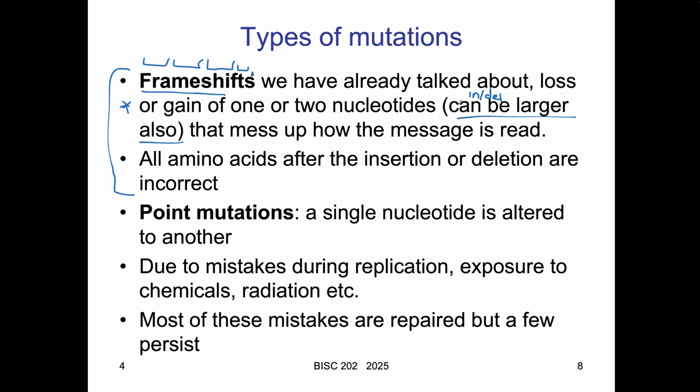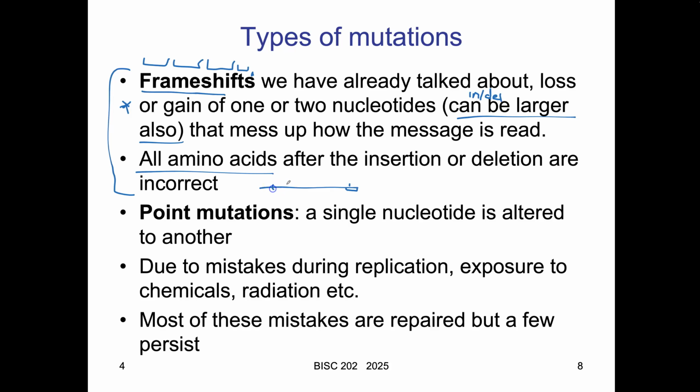We'll talk about crossing over later. The point being that the amino acids after the insertion or deletion point are going to be incorrect. So if you make a frame shift right at the end of a gene, and maybe the last 3 amino acids are wrong, probably it's not going to affect the protein sequence.